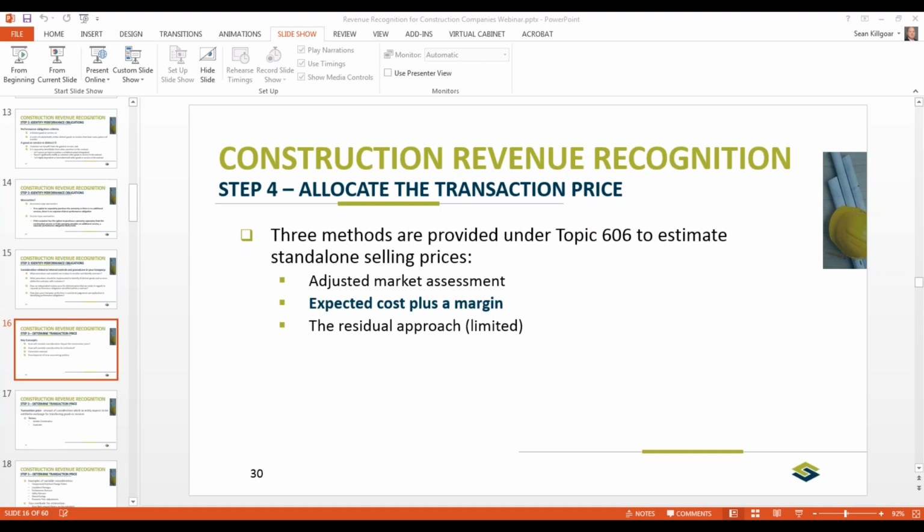While there are 3 methods, adjusted market assessment, which would be the fair market value, the expected cost plus a margin is really how most likely you will end up allocating the transaction price to the performance obligations if you have multiple performance obligations.